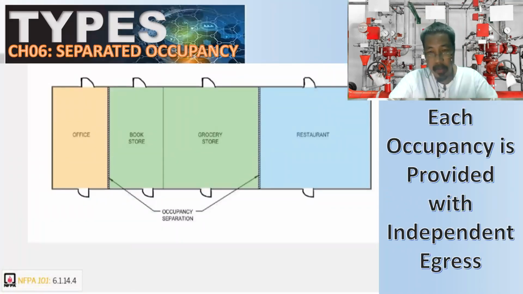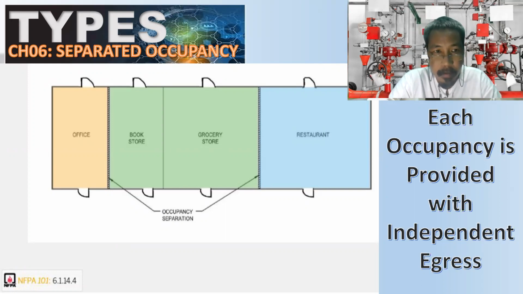Okay, so separated occupancy is in the same category as mixed occupancy of the previous submodule because they are both under multiple occupancies. However, there is a critical difference. Here, in separated occupancy, each occupancy is provided with independent egress. That is the difference.